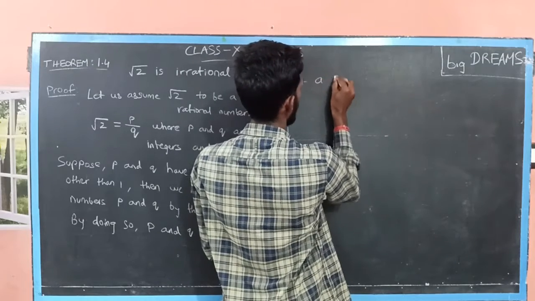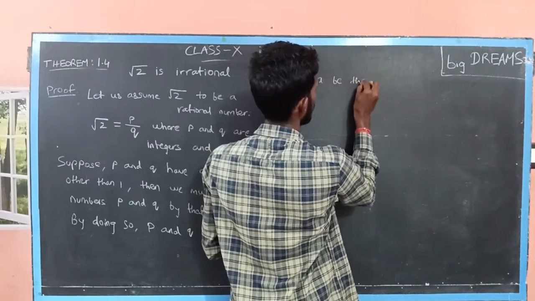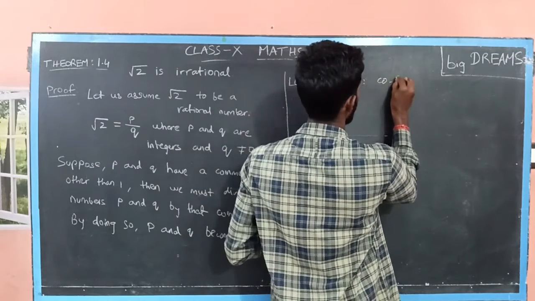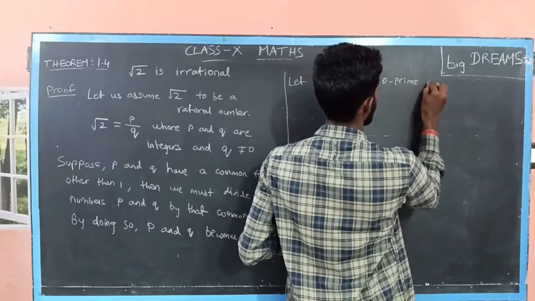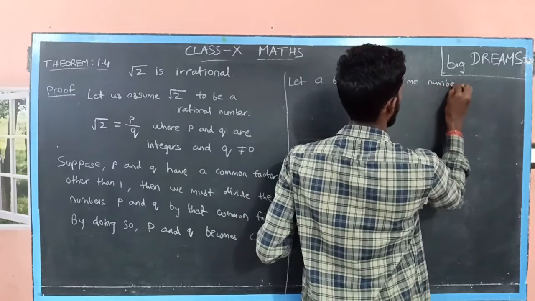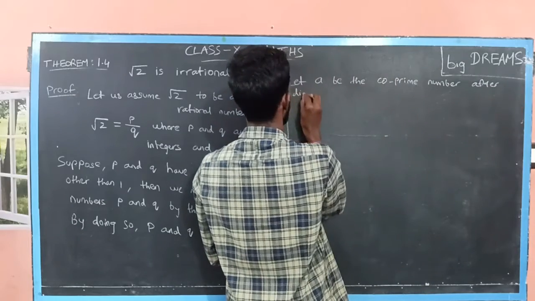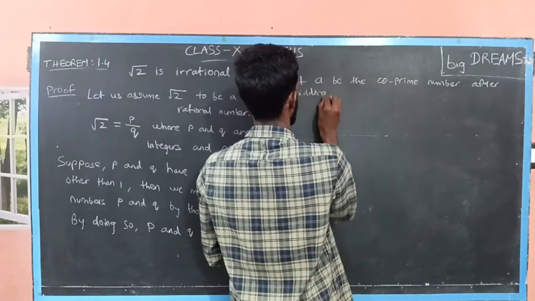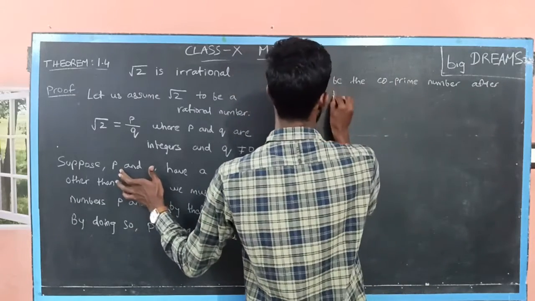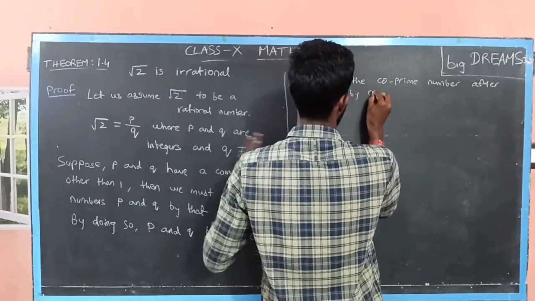Let A be the co-prime number after dividing the number P by the common factor.